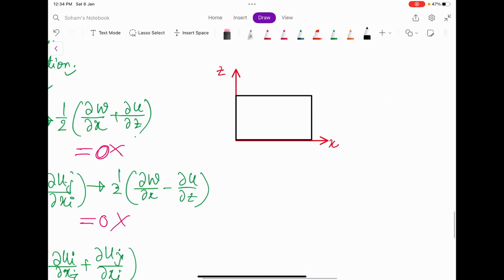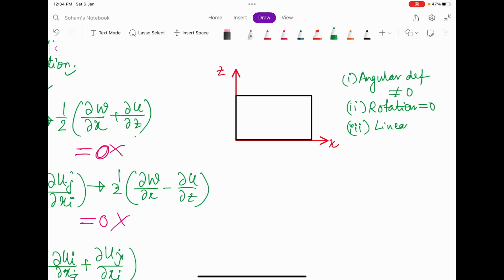Okay, so here let me write it in another color. 1, angular deformation is not 0; 2, rotation is equal to 0; 3, linear deformation is not equal to 0.